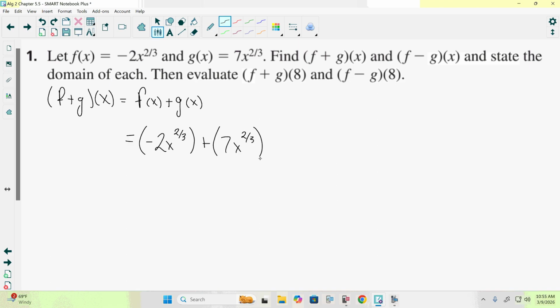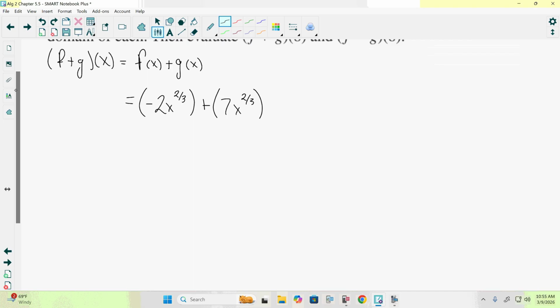So we're just replacing f of x and g of x with their corresponding expressions, what they're equal to. And because we're adding, we can just drop the parentheses. Telling us that we have negative 2x to the 2/3 plus 7x to the 2/3.